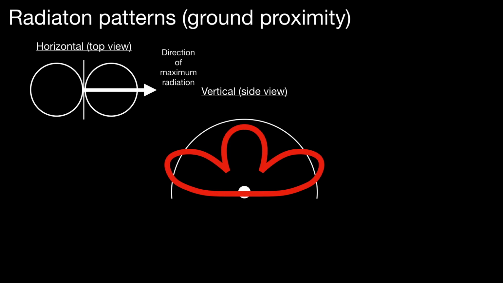And as the antenna is lifted further clear of obstructions, the lobes are established more towards the horizontal. So there's the direction of maximum radiation, sometimes called the takeoff angle, and this was what was referred to then in the syllabus. The effect of the height above the ground will determine the direction of the maximum takeoff angle.